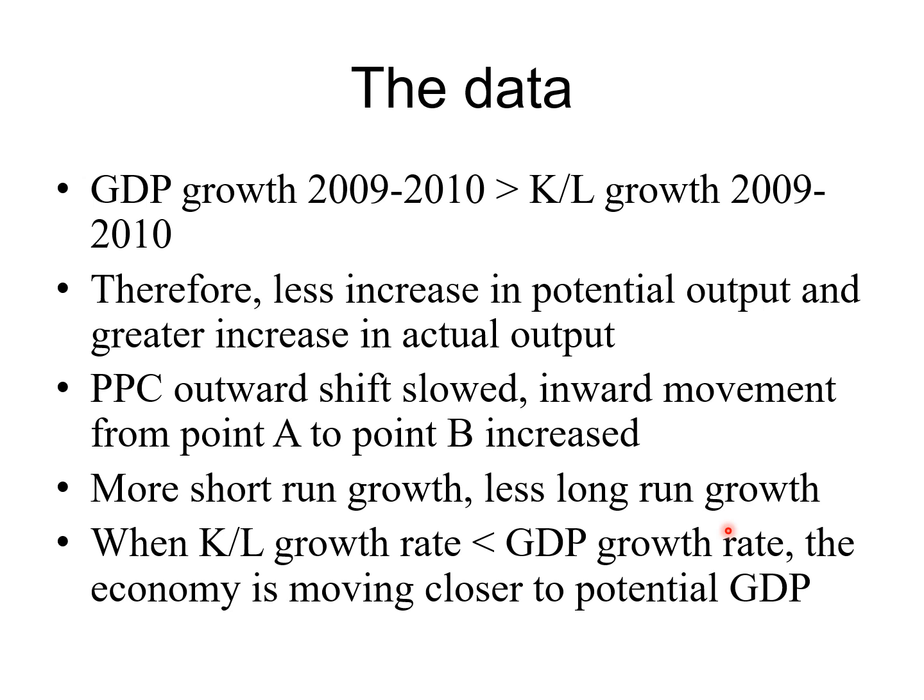That's short-run growth. That means you're moving closer to your potential. When you look at investment and the figure shifts in favor of investment, that means you're expanding potential production. When the capital to labor growth rate is less than the GDP growth rate, the economy is moving closer to potential GDP, which I've mentioned before.